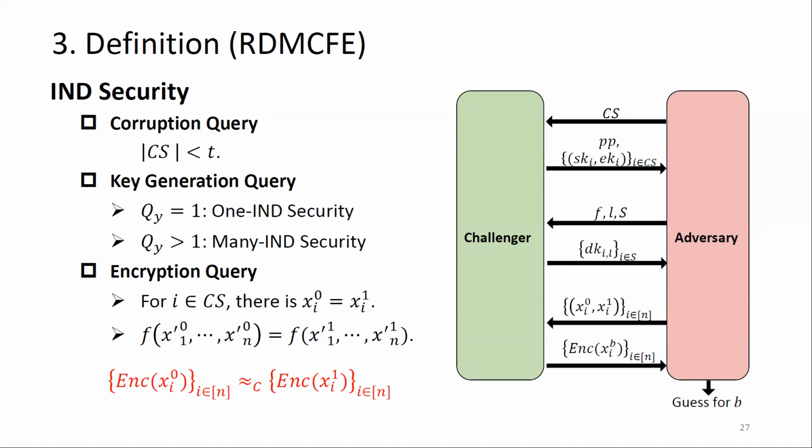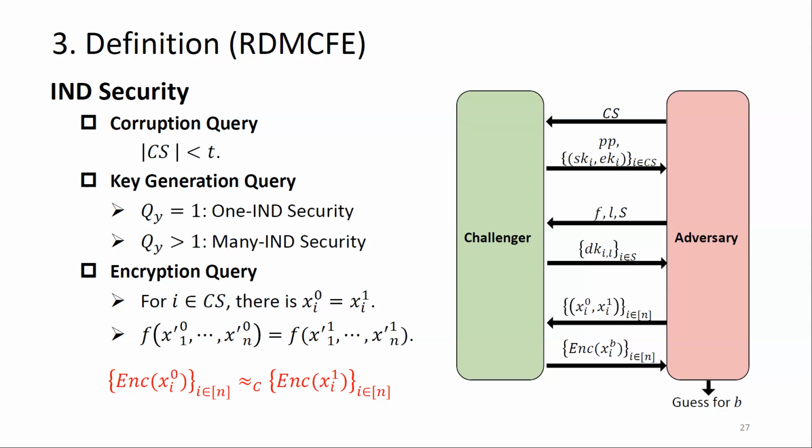The security definition of RDMCIB is also based on DMCIB. Our security definition is much more complicated since we need to consider the state of the data. In this security game, the adversary chooses the set of corrupted clients CS. In other words, the adversary sends the key generation queries.